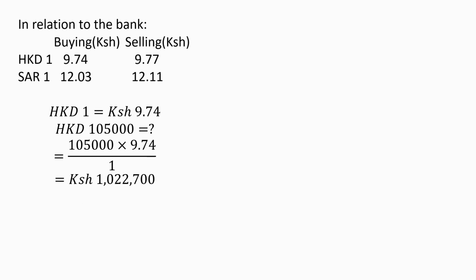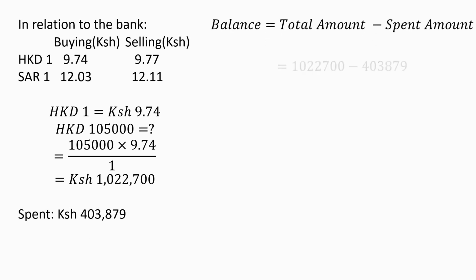Then we've been told that she spent 403,879, and so the balance was 1,022,700 minus 403,879, and so what was left was 618,821.